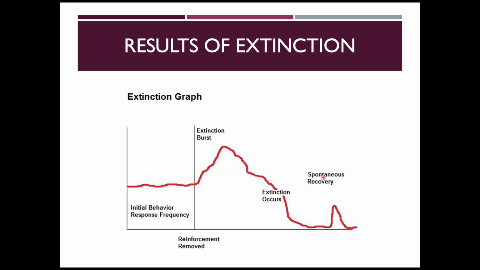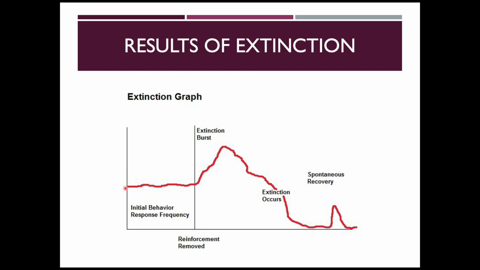So here's a typical graph of extinction. We have a baseline phase where the initial behavior is at some stable level. So let's just say this behavior, whatever it is, is producing reinforcement, so it occurs at a stable level. Then, when we put extinction into effect, where this phase change line is, you may see an initial burst of responding.